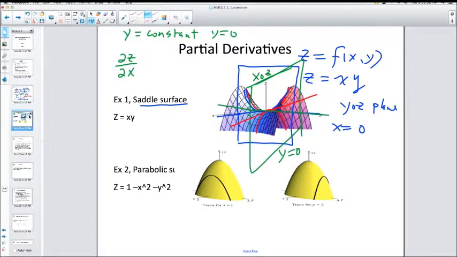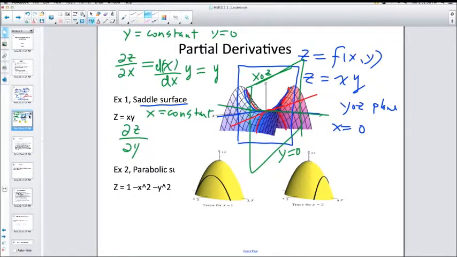That derivative is the same as taking a derivative of one variable, regarding y as a constant. You take the derivative of x times the constant, and that will be y. On the other hand, you can use this notation to take a derivative with respect to y, then x is a constant.